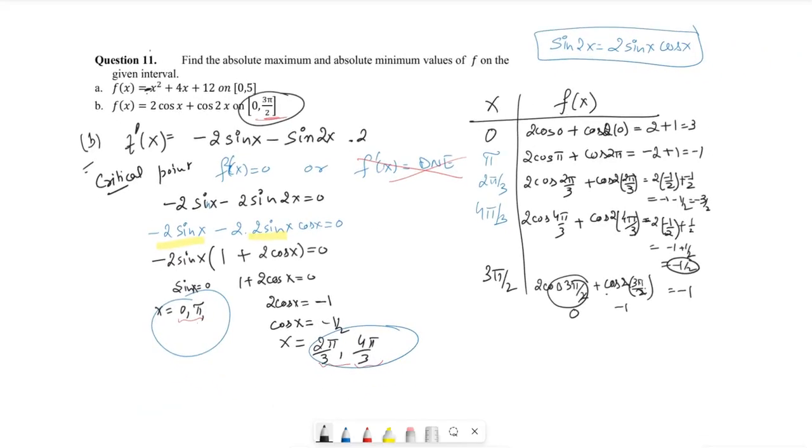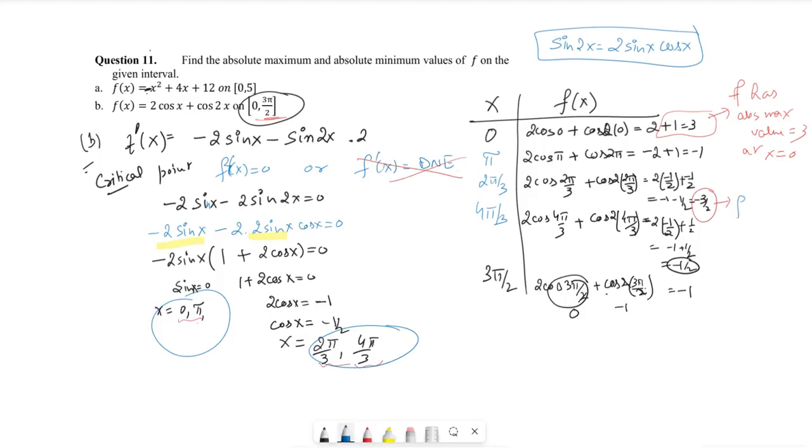Now once we find the values, we need to see out of these which one is maximum. So which one is maximum? I think it's 3. So f has absolute maximum value of 3 at x is equal to 0. Which one is the lowest? Negative 1, negative 3 by 2, negative half, negative 1. This one is the lowest.